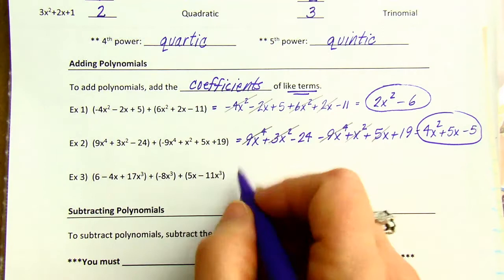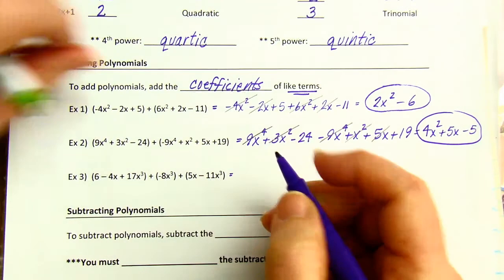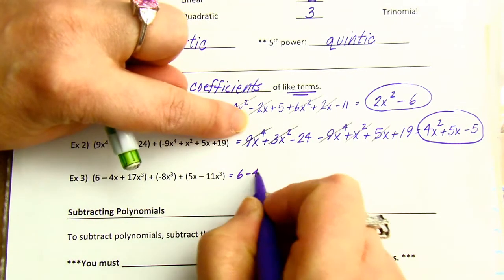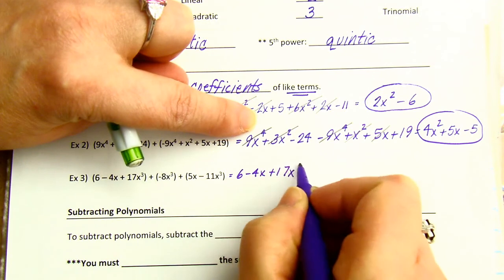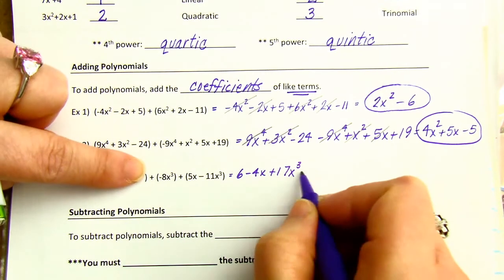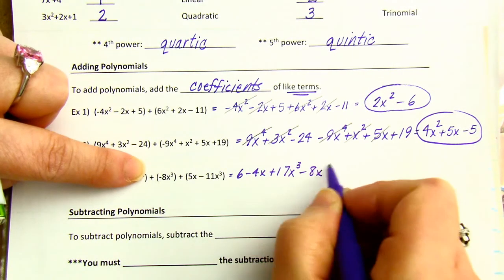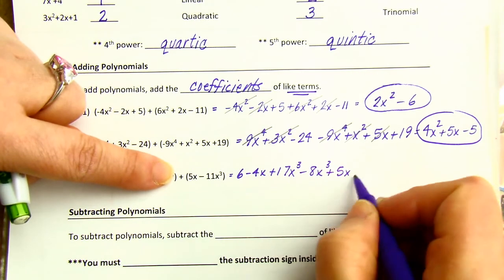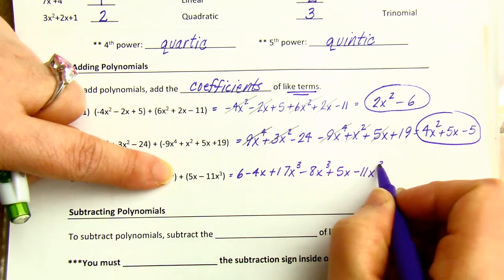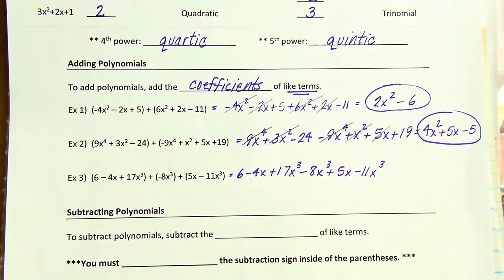The last one, perhaps you have the answer already. This is 6 subtract 4x plus 17, x to the power of 3, subtract 8, x to the power of 3, add 5x, subtract 11, x to the power of 3. Now remember, all I did here in this step was to remove my grouping symbols.